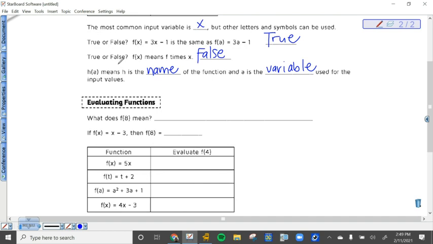So what does f of 8 mean? Well, that just means to plug in 8 as the input value. So if f of x equals x minus 3, what is f of 8 going to equal?